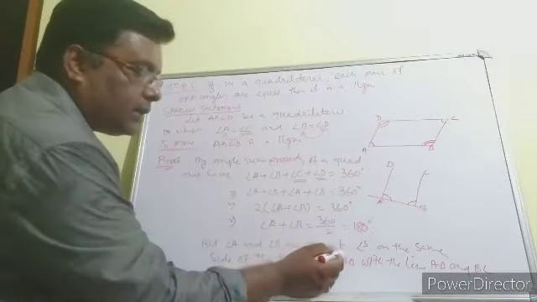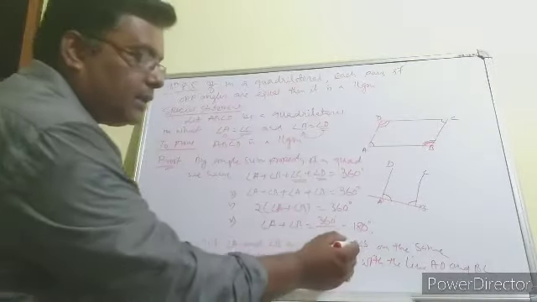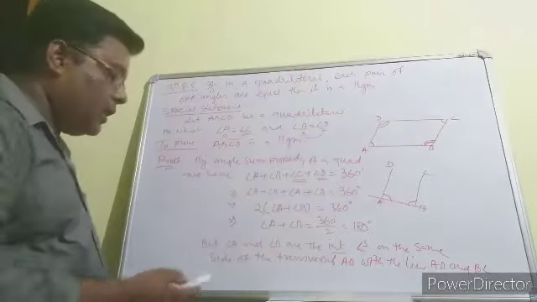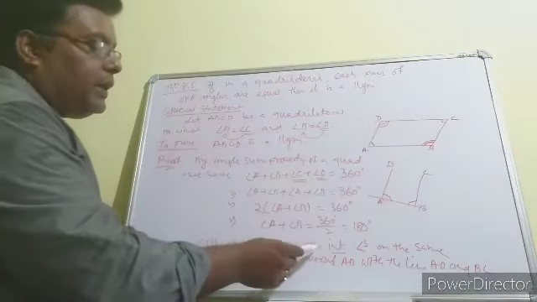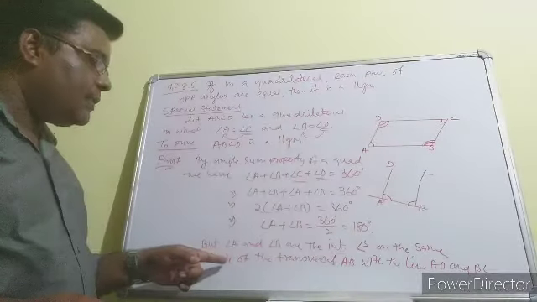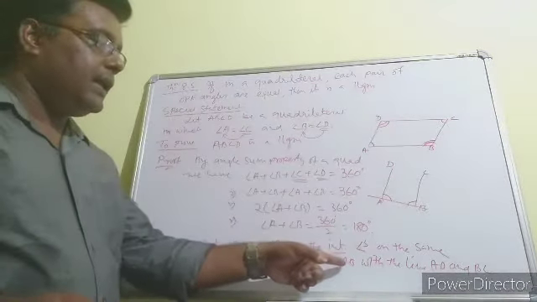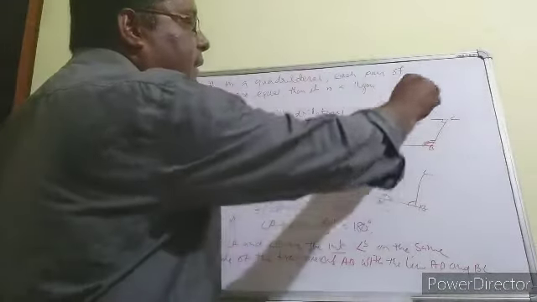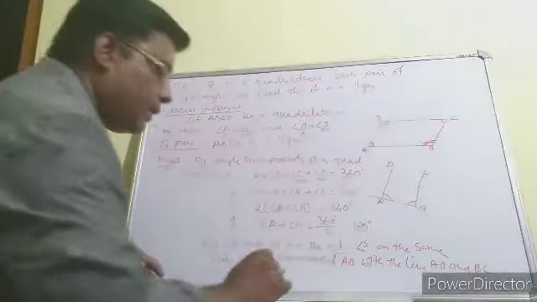So we write the shortcut INT, that is interior, and this angle sign for angles. But angle A and angle B are the interior angles on the same side of the transversal, that is AB is the transversal with the lines AD and BC.